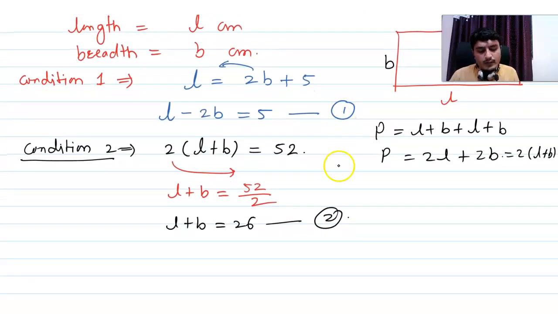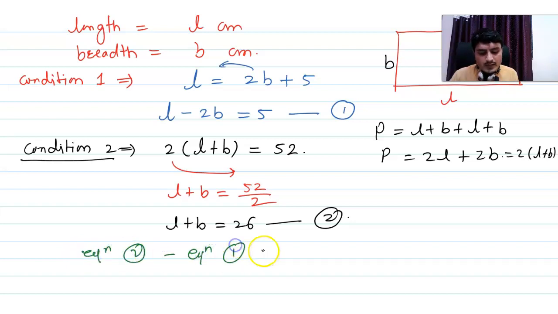Try to solve equations 1 and 2 simultaneously. Look at the coefficient of variable L in equations 1 and 2. Both are 1 and 1, with the same sign, both positive. So we decide to subtract: equation 2 minus equation 1. That means subtracting equation 1 from 2.